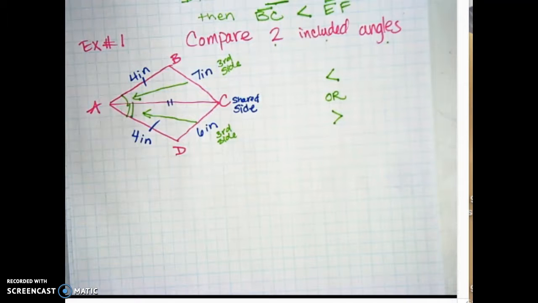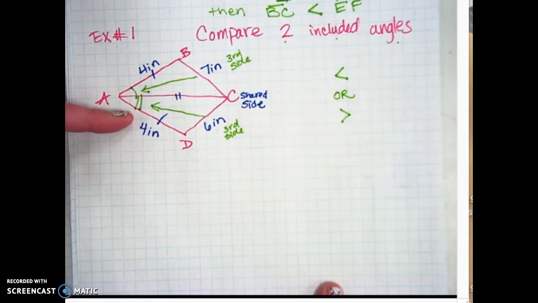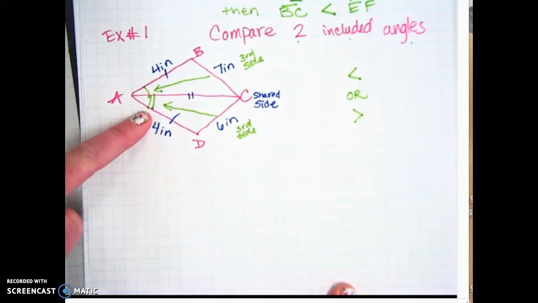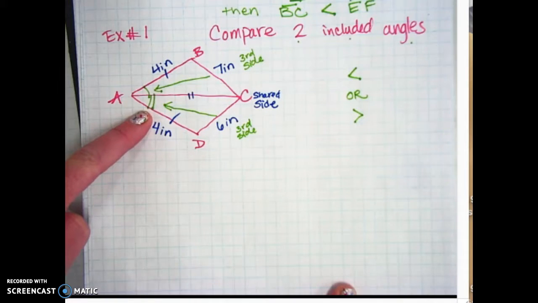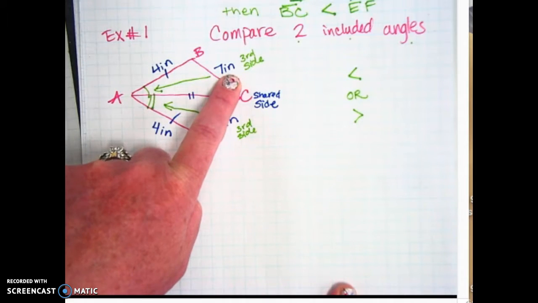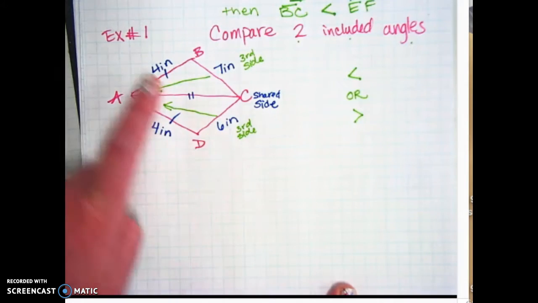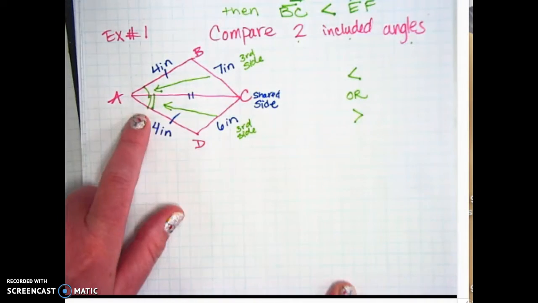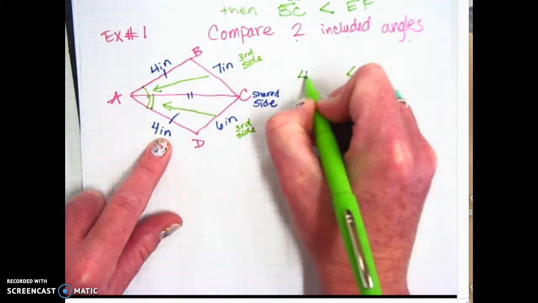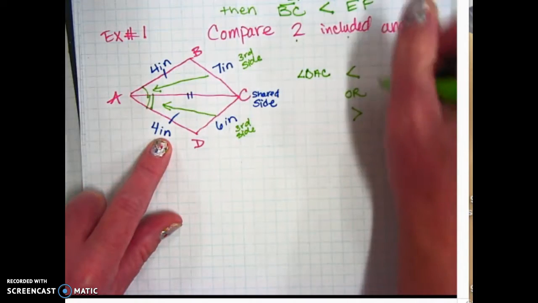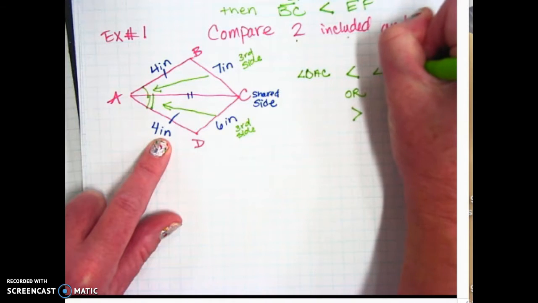Just for ease of you telling me which one is which, we'll call it the top one and the bottom one. Which is less than, the top one or the bottom one? Well, you want to go to the opposite side. So over here we've got 7 inches, and over here we've got 6 inches. So which one do you think is going to be less than? The bottom one. So angle DAC is going to be less than angle BAC.